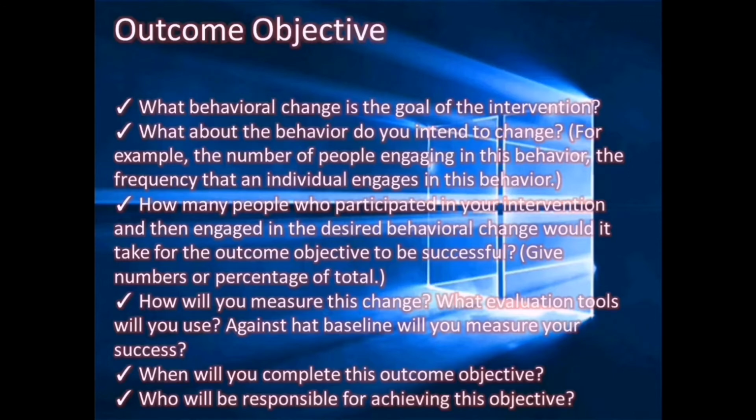Give numbers or percentage of total. How will you measure this change? What evaluation tools will you use? Against what baseline will you measure your success? When will you complete these outcome objectives? Who will be responsible for achieving this objective?